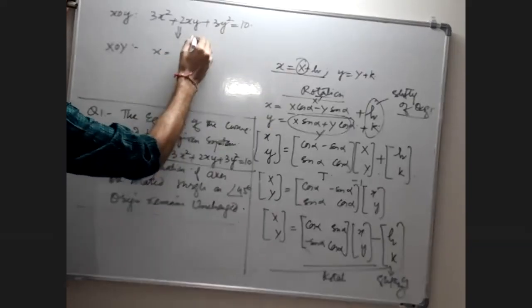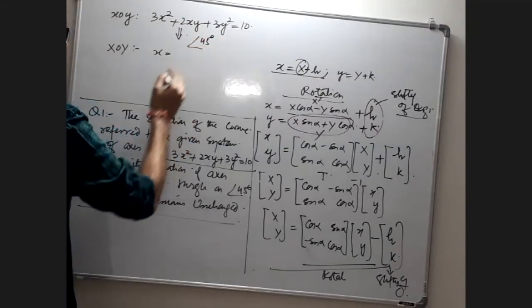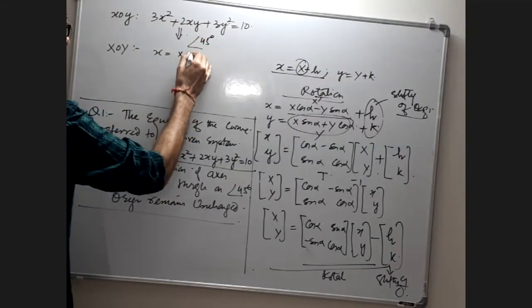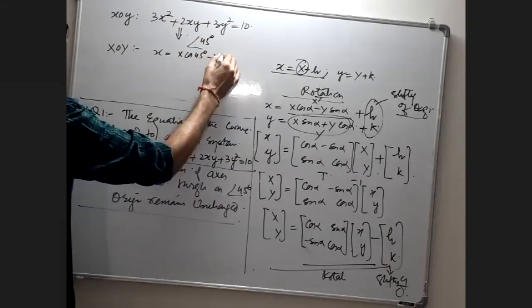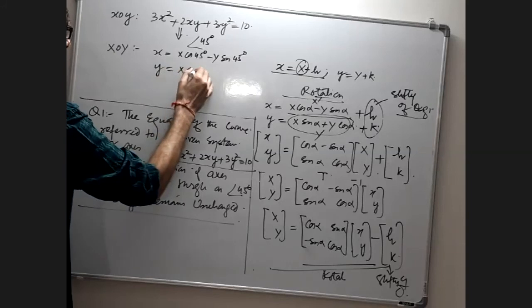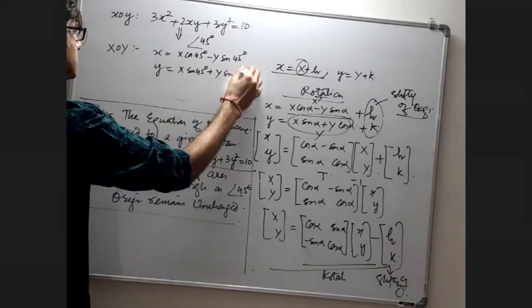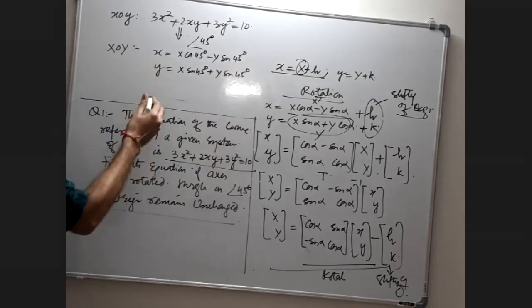The axes are rotated through an angle of 45 degrees. So x is equal to x cos 45 minus y sin 45, and y is equal to x sin 45 plus y cos 45 degrees. So यहाँ से आपका x का वैल्यू पता चलेगा.